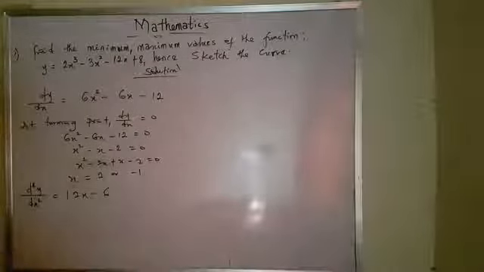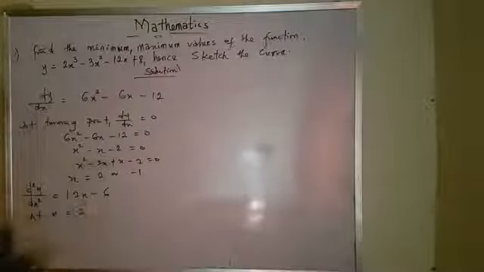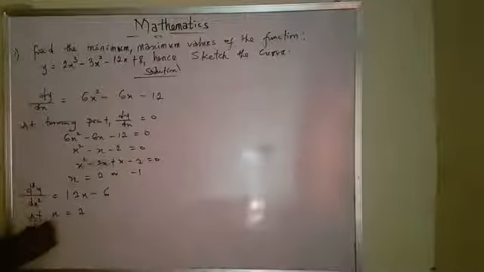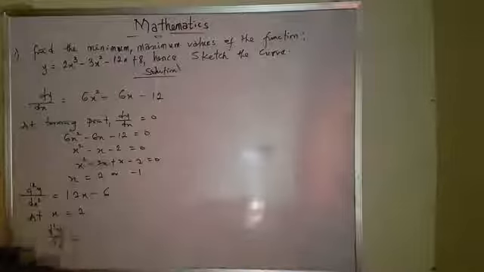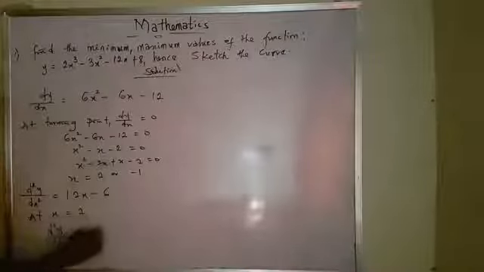Do you get? So at x equal to 2, what do we have here? d squared y by dx squared will be equal to 24 minus 6, and that will be equal to 18.